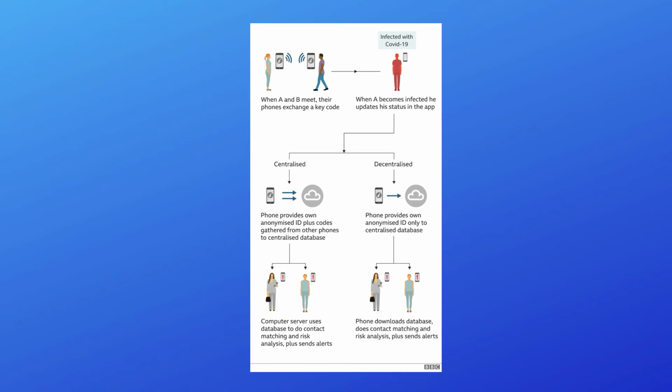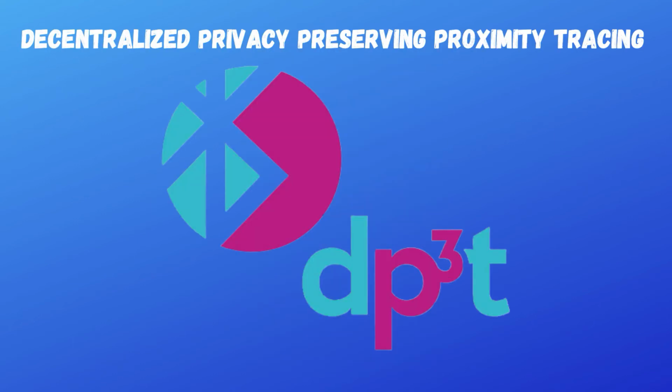The other type is called decentralized, where maximum data is stored on the phone, which is the method proposed by a large international consortium of around 300 technologists, legal experts, and engineers from over 25 countries, and named DP3T, which stands for Decentralized Privacy Preserving Proximity Tracing.